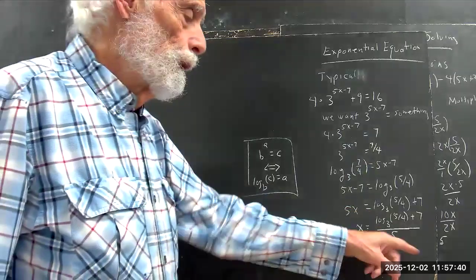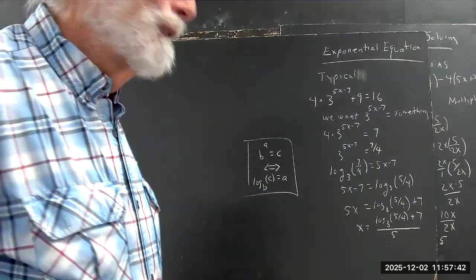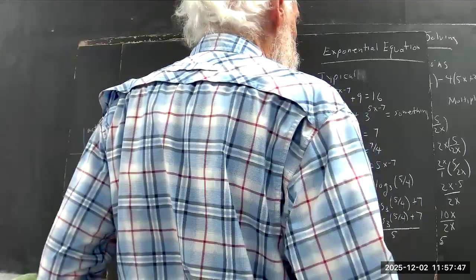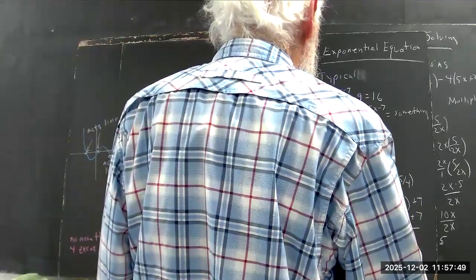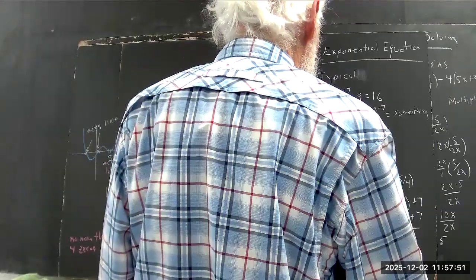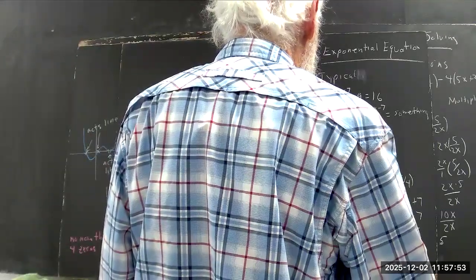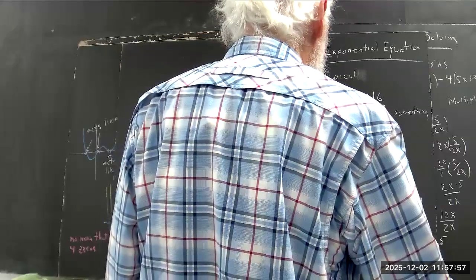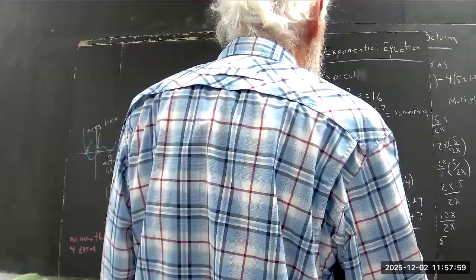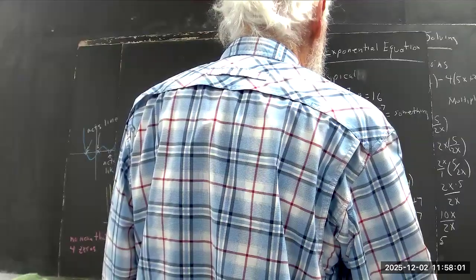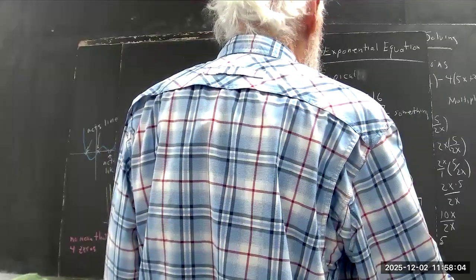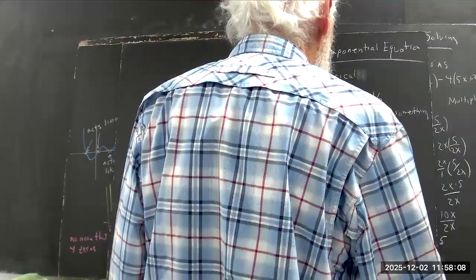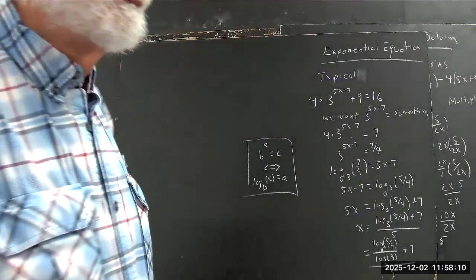Okay, now what do you do with this? Well, what I really kind of want to see on your paper is log of 7/4 divided by log of 3 plus 7 over 5.